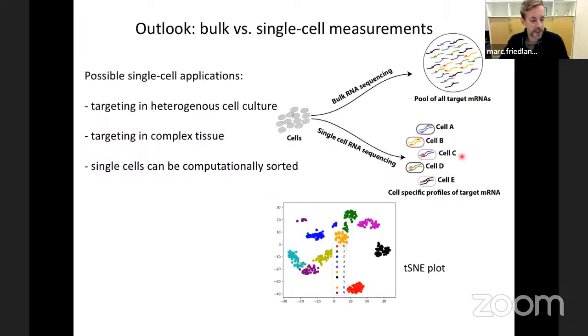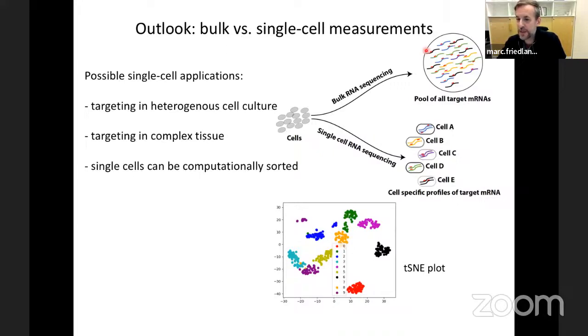So to go a little bit into the outlook, of course, people talking about single cell methods will always tell you about heterogeneity, and I'll do exactly the same to not disappoint. When we do bulk RNA sequencing, or let's say bulk Argonaute-CLIP, we get a big pool of targets over a cumulative of 1 million cells.